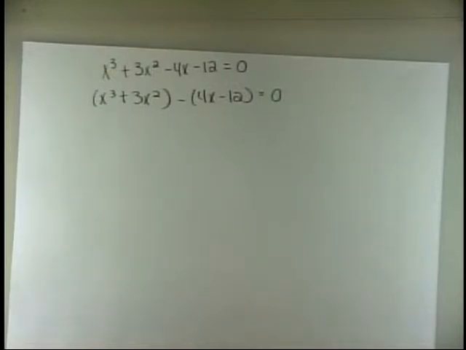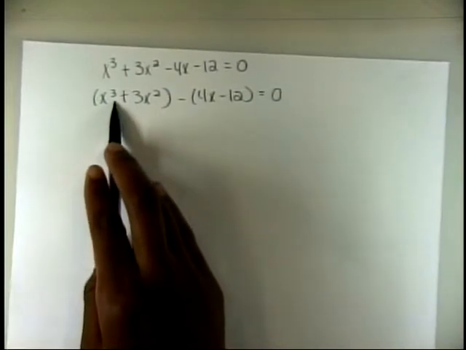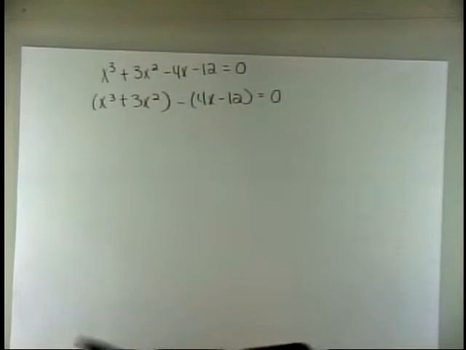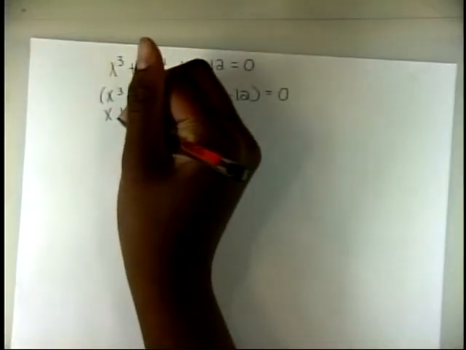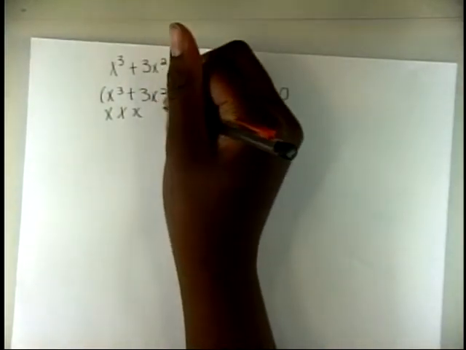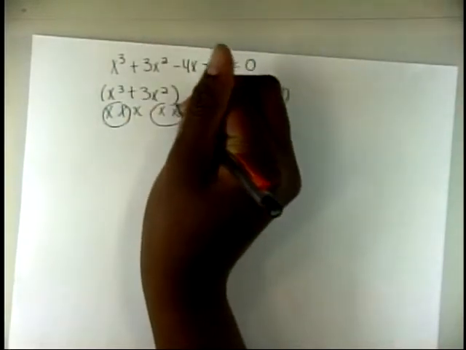The reason why we're pulling out x squared is because x cubed and 3x squared both have x squared in common. Because x cubed is x, x, x, and over here for the 3x squared, you have x, x. So therefore, you have 2 x's in common.